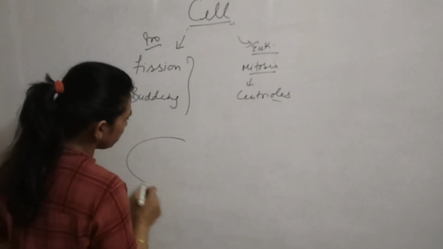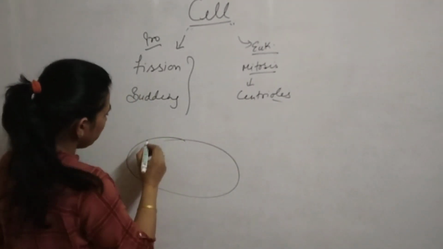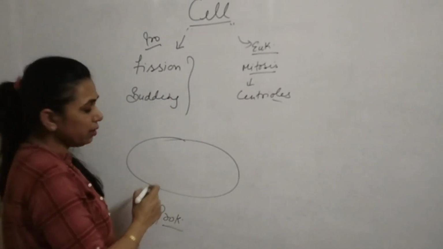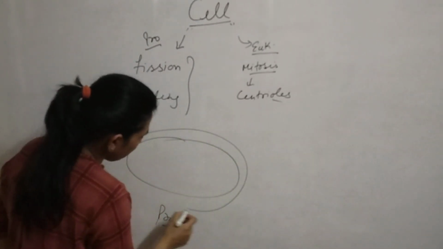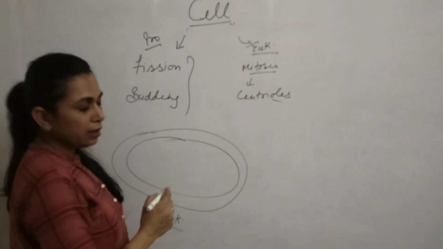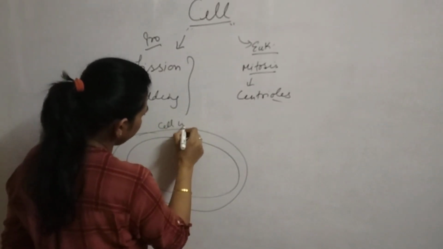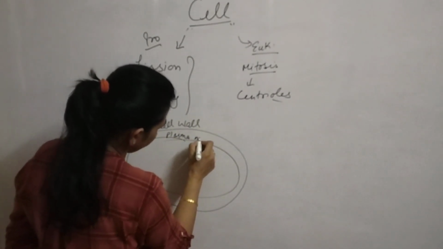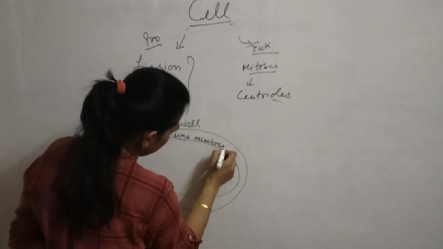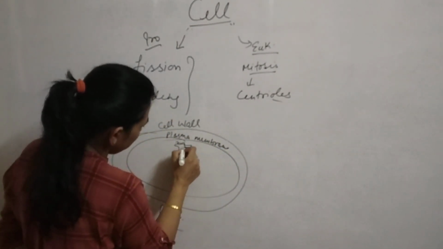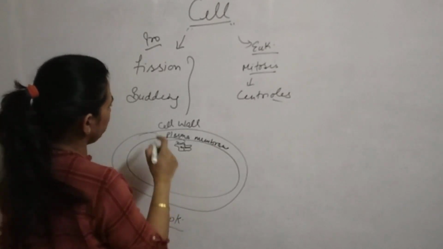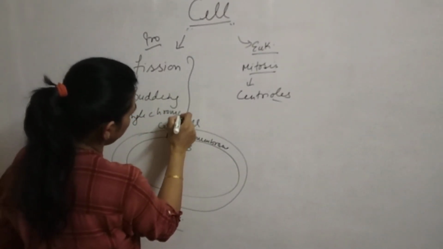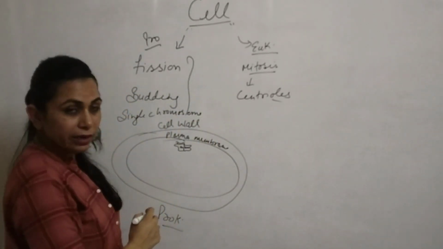So suppose this is the structure of the prokaryote. This is the plasma membrane. In some cases there is another thick layer present which we call cell wall. This is the mass of chromosome and a single chromosome is present here, right?